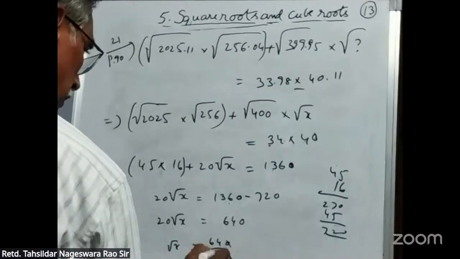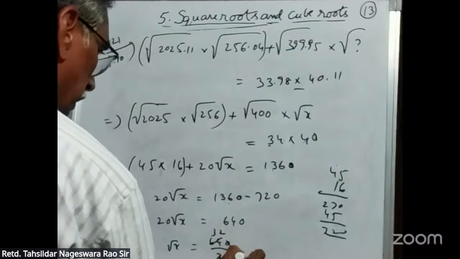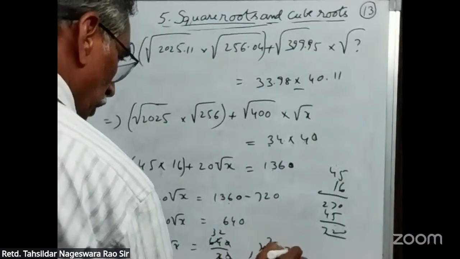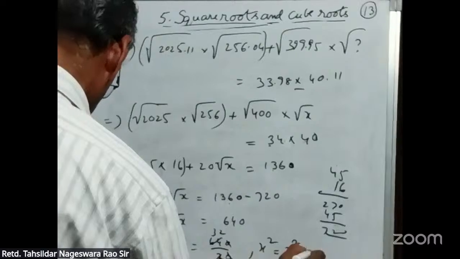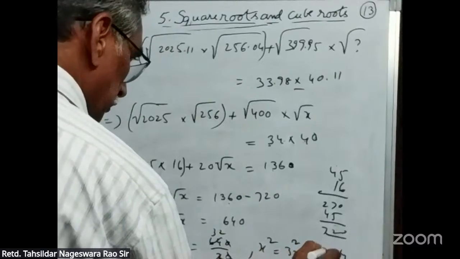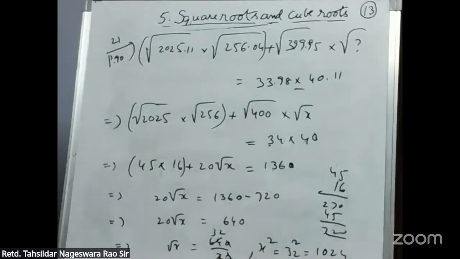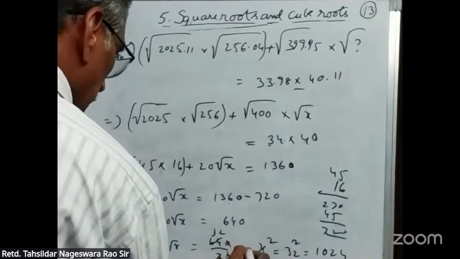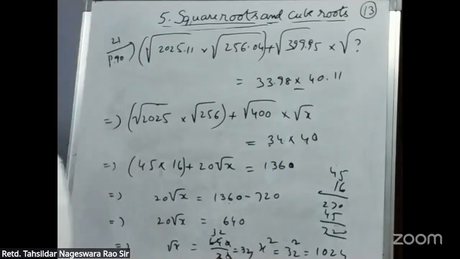That will be 32. x will be the square of 32, 32 square. That will be 1024. Answer. Root x is 32, x is 32 square, 1024. That is the answer.